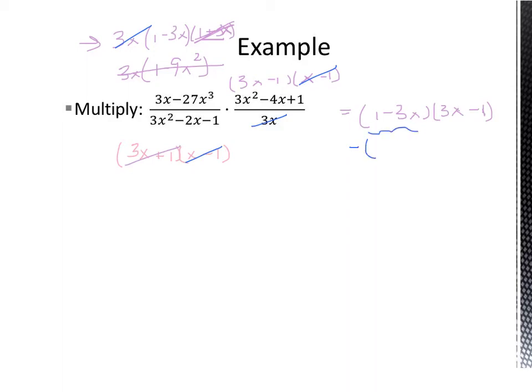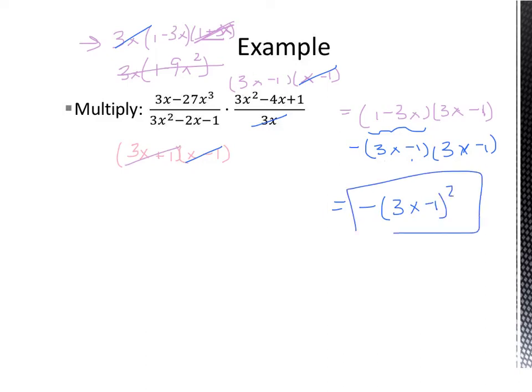If I pull a negative out of this, it's going to switch it to be that, because there's my negative 3x and my positive 1. Okay, so if you can see that. And then I have the other one still. And so then what I can do is I can write my answer as negative quantity 3x minus 1 squared. And that's my answer. Don't FOIL it out. You don't need to FOIL it out.